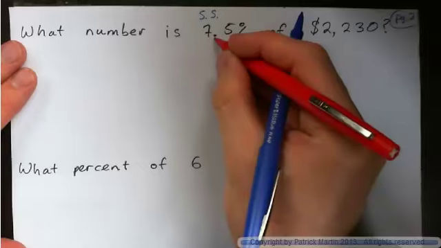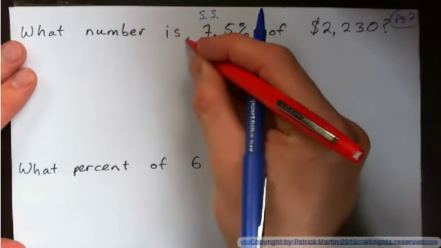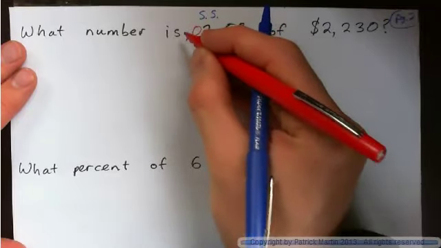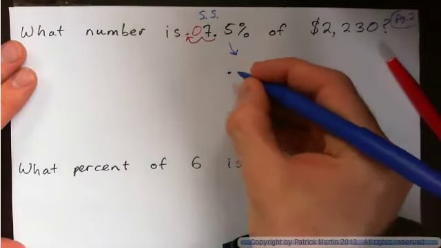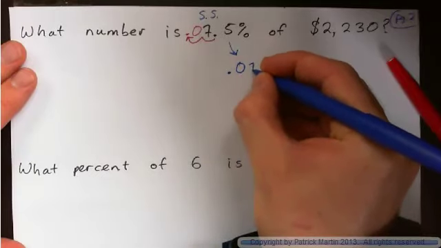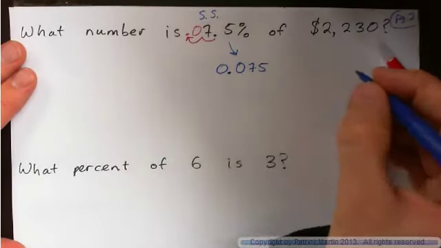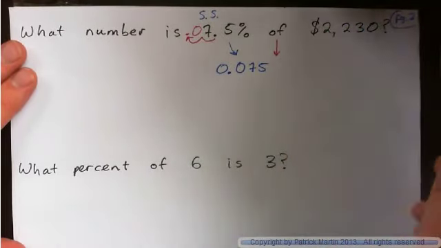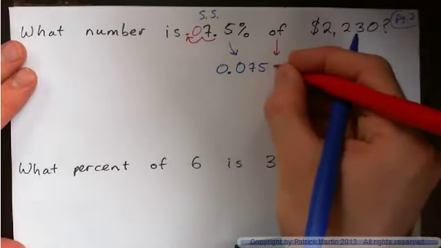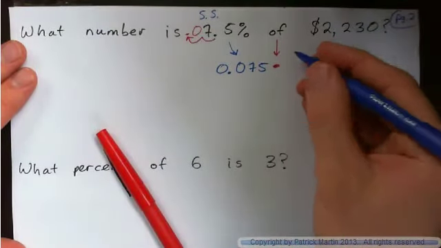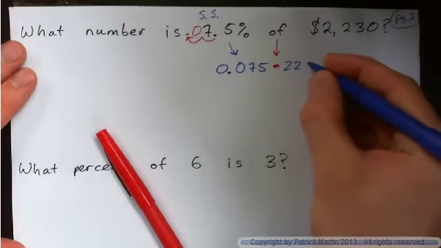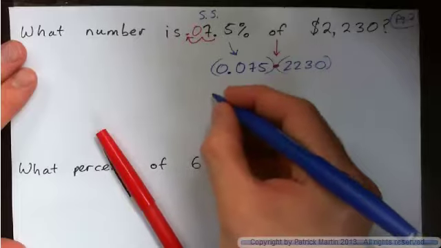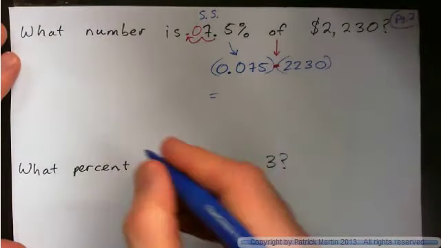Well, the decimal point can be moved 2 spaces to the left to get 0.075. Of is multiply, so multiplied by this number, 2230. So it's this times this, and then you just calculate that.